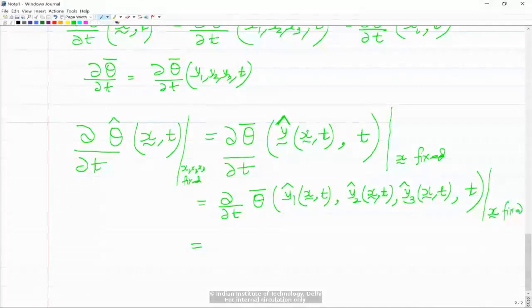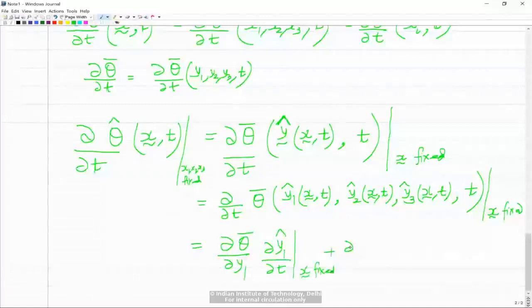So you come to the first argument, y1 hat. We have to apply chain rule. This is del theta bar over del y1 into del y1 hat by del t, and this has to be done keeping x fixed. Again, the second one, del theta bar by del y2 into del y2 hat by del t, keeping x fixed.